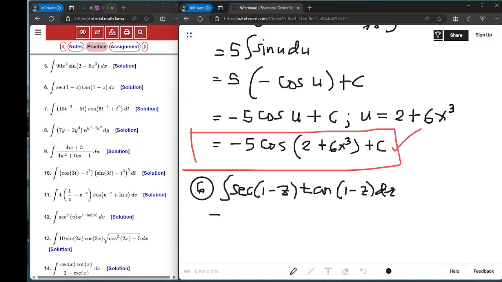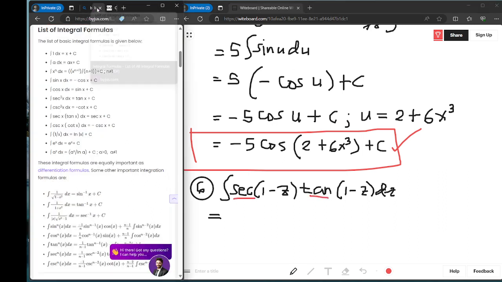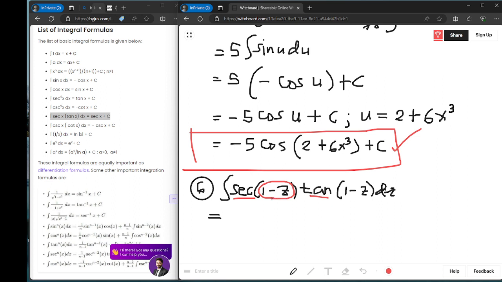Let's check whether we can find integral of secant times tangent in our formula. Yeah, there is. So we have here secant x times tangent x dx is just equal to secant x plus c. But we have here 1 minus z.